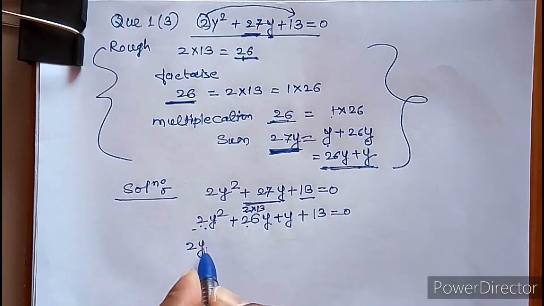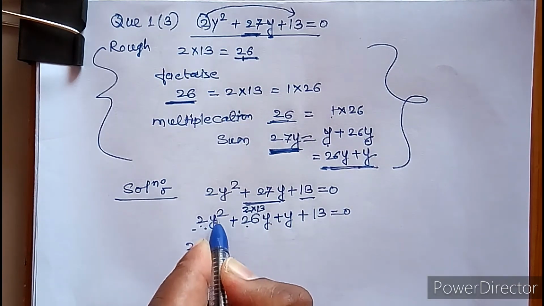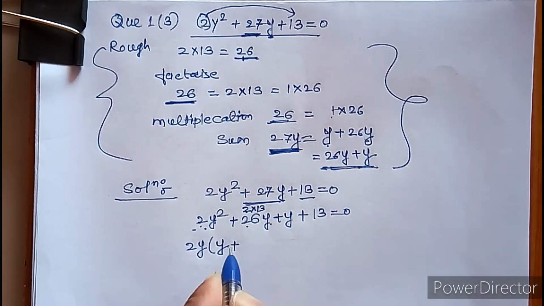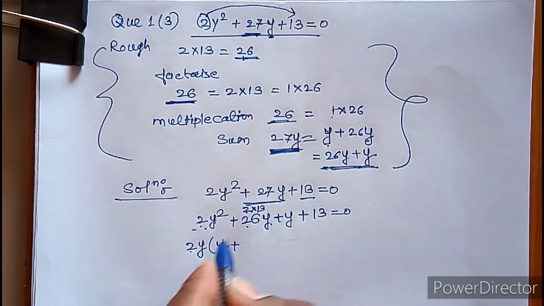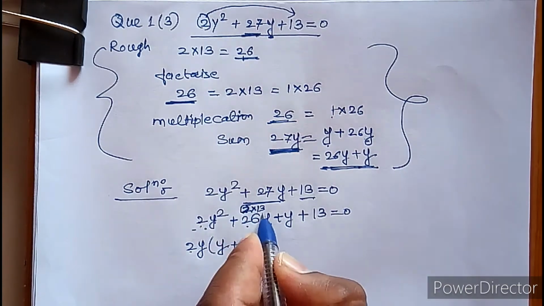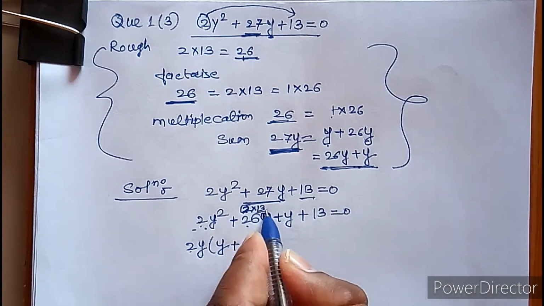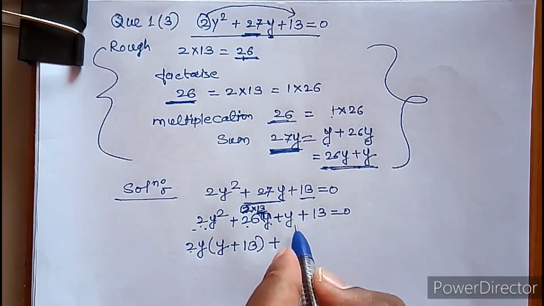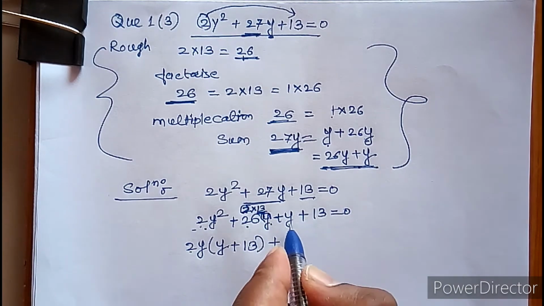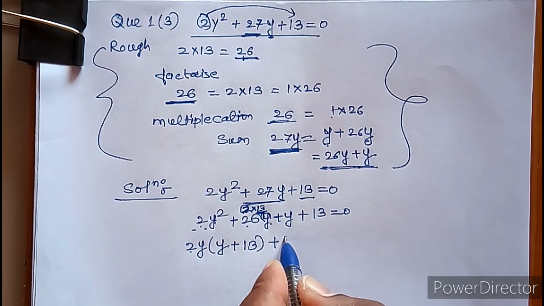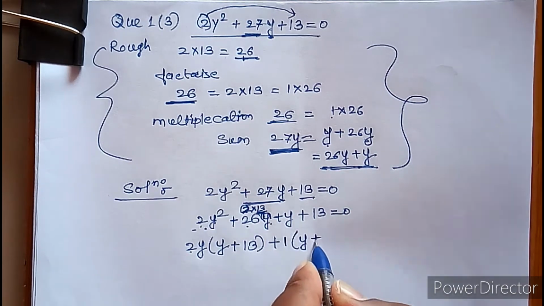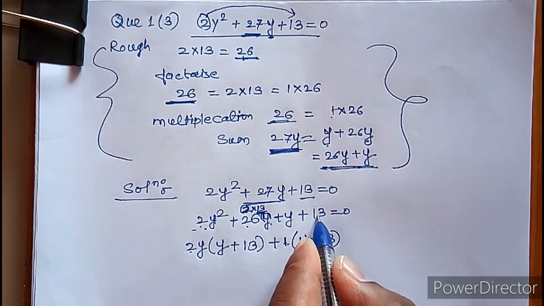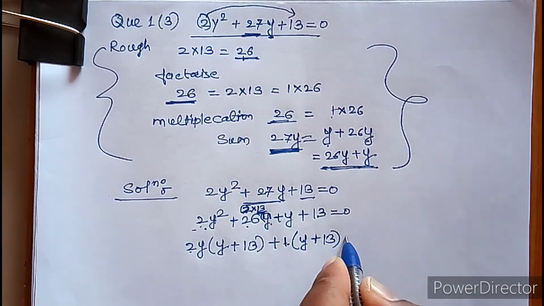By taking 2y common, when we take 2y common from 2y square, only a single y remains, plus 13 as it is. Now from y plus 13 nothing is common, which means that only 1 is common. By taking 1 common we can write y plus 13, that is 1 into y is y, 1 into 13 is 13, equals 0.